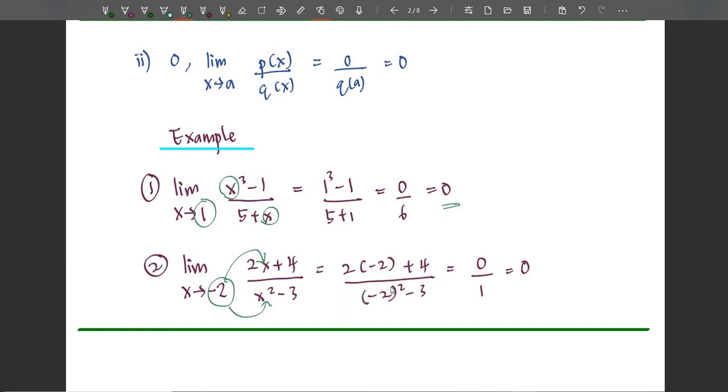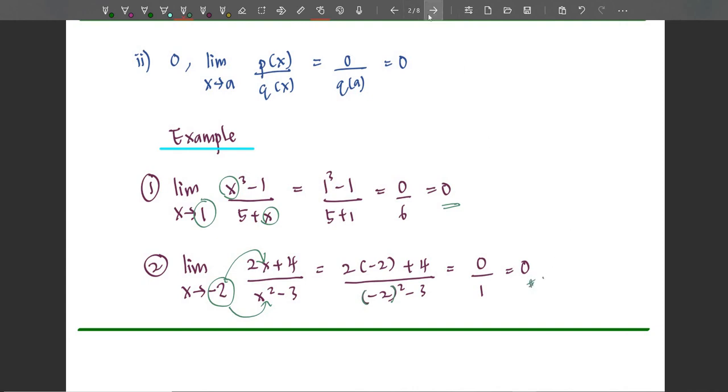Make sure you calculate in brackets, and when you use your calculator, make sure you type in the right brackets. So it is going to be 0 divided by 1, which is 0.